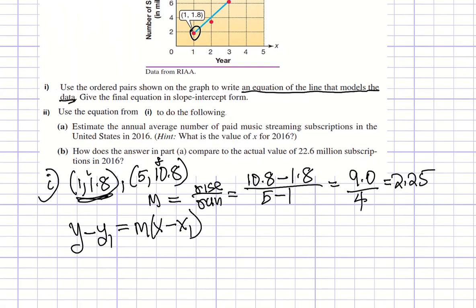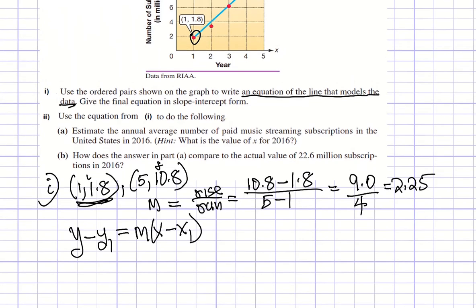We get y minus 1.8 equals 2.25 times x minus x1, and x1 is actually 1.